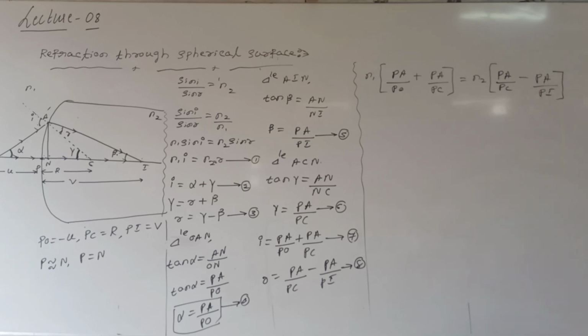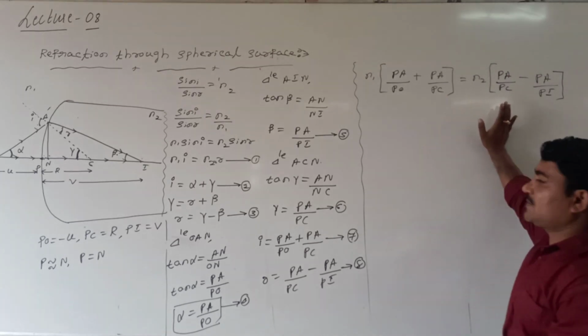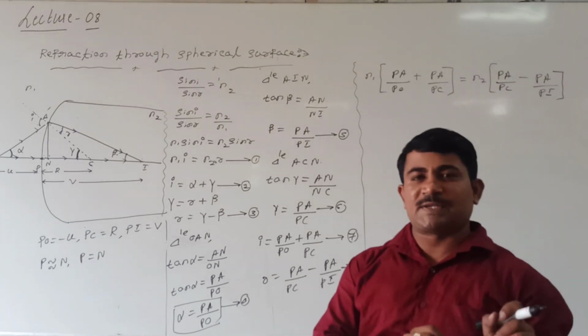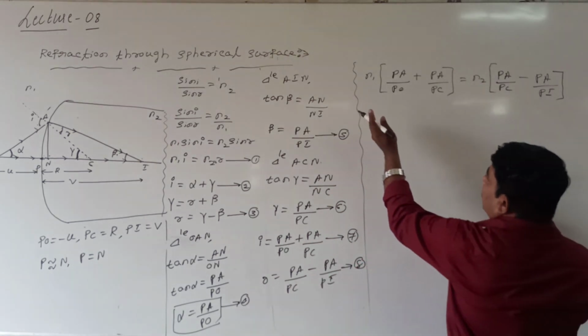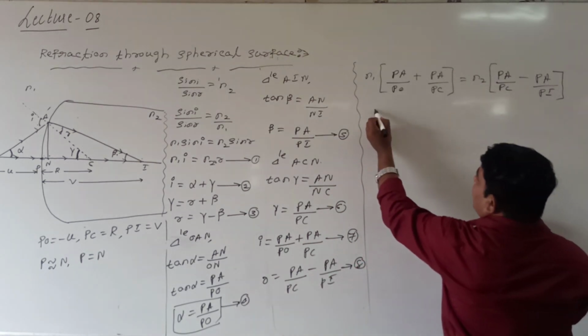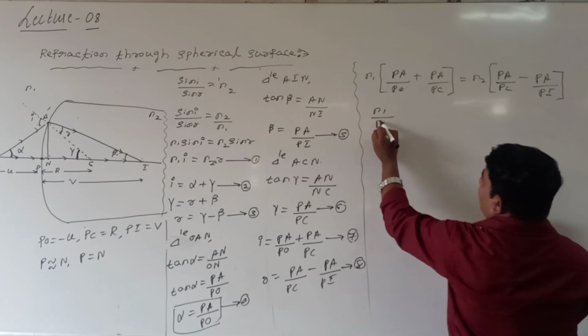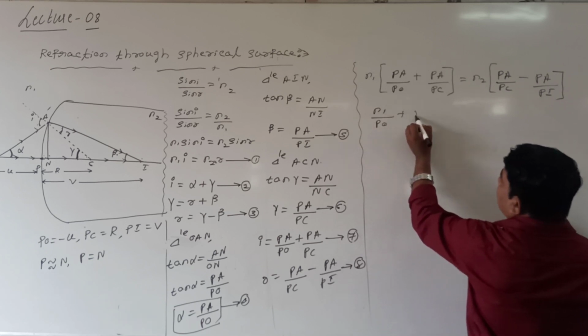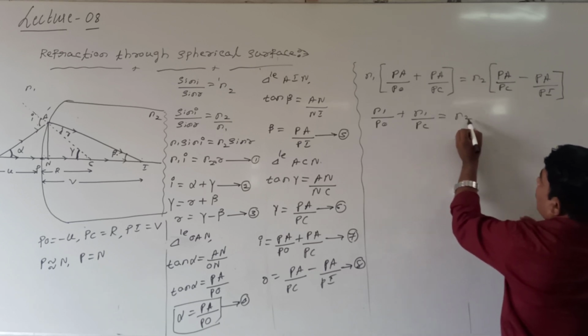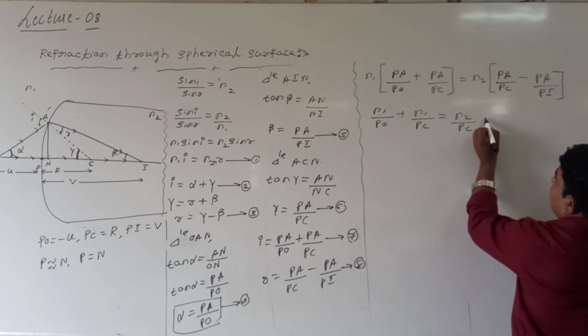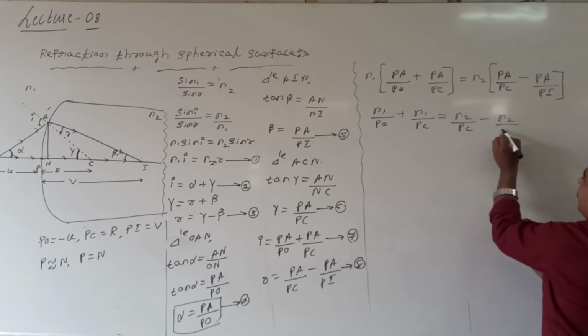Look at LHS and RHS: what is common? PA is common on both sides, so PA can be removed. Then N1 multiplied inside: N1 divided by PO plus N1 divided by PC is equal to N2 divided by PC minus N2 divided by PI.